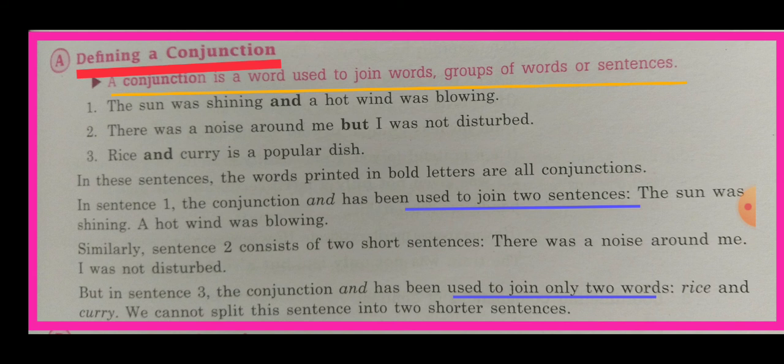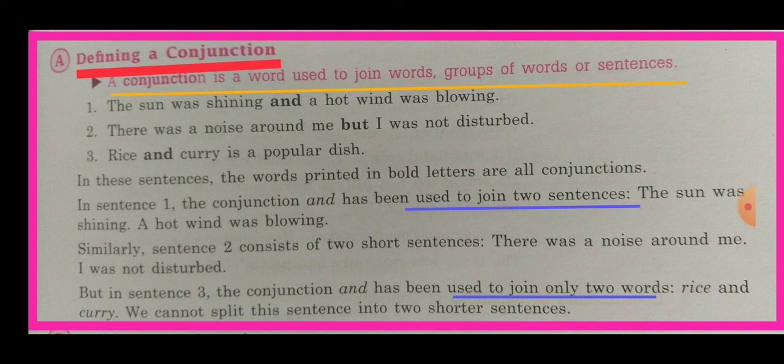So let us look at the examples of how the conjunction is used in joining these things. Look at the first sentence: the sun was shining and a hot wind was blowing. Here the conjunction "and" is used to join two sentences. There was a noise around me, but I was not disturbed. Here also it is used to join two sentences.